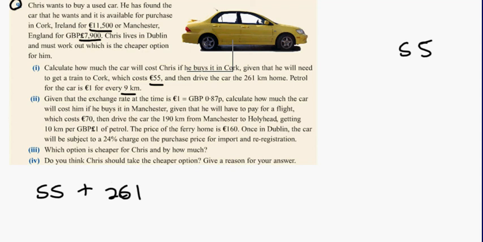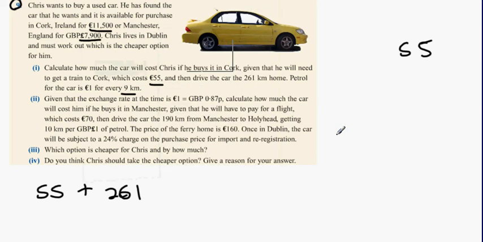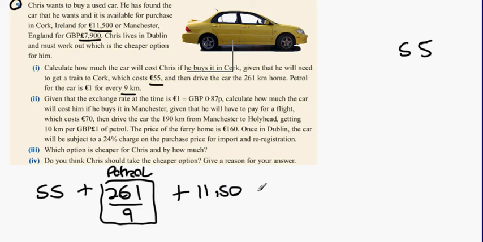Then he'll need to drive the car 261 kilometres home, at €1 for every 9 kilometres. So 261 divided by 9 is €29. That's the cost in euro for the petrol. And then obviously you have to pay for the car itself, which is 11,500.